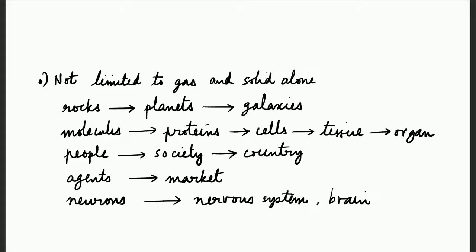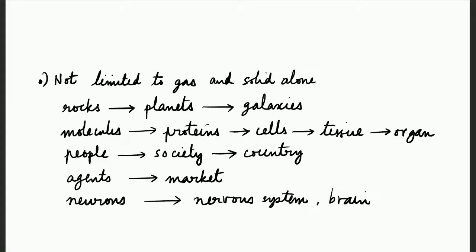I do not have to know that in the very inside there are molecules interacting. People join to form society, and a lot of societies become a country, agents become a market, and neurons may interact through exchanging electrical signals with each other, but when there are many of them, you have a nervous system and a brain and so on.